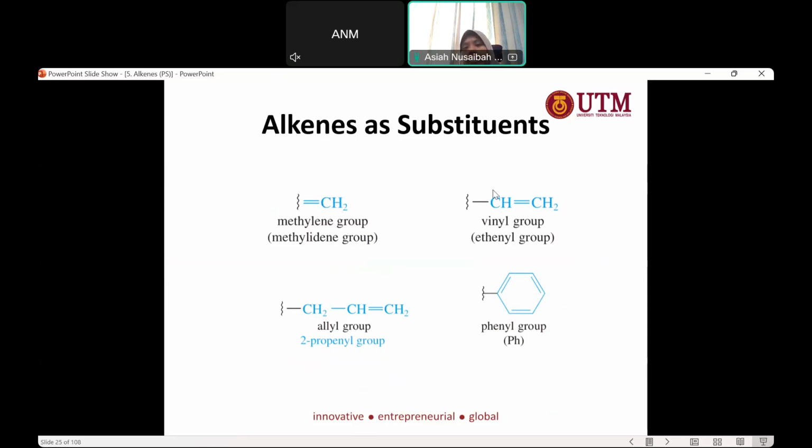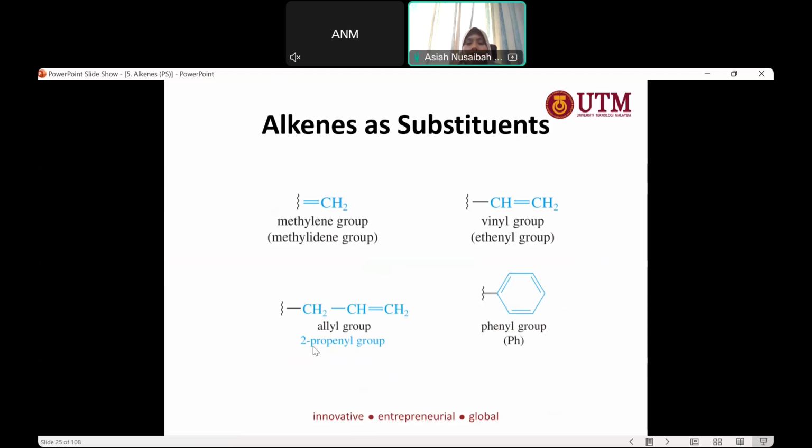So this is the parent, and if the branch has 2 C, then it has a double bond here. We call this a vinyl group or ethenyl group, because it means 2 C, it has a double bond, and it is a branch. Vinyl group is the common name of the group.